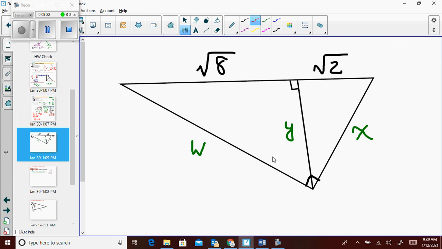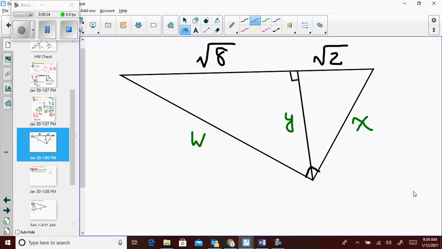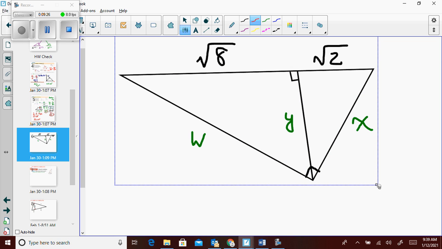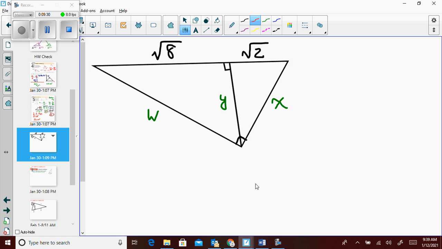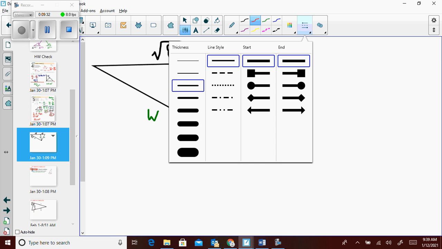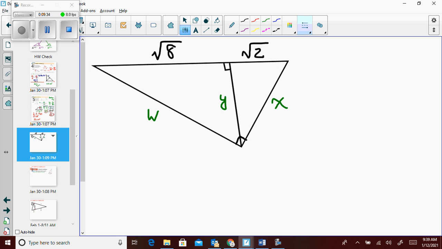Okay. Here we have some square root stuff, right? Some radicals in it. It doesn't matter the order in which we do it. Let's do y first. So the y is going to be geomean altitude. Y and y.